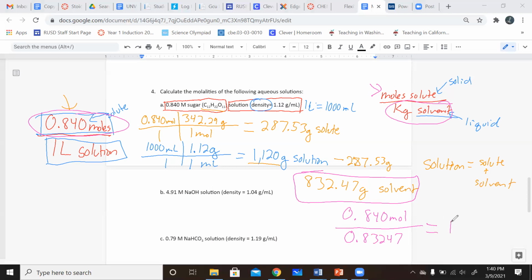That is going to be 1.01 molal. Okay, again, that's a lot, but I'm going to do another one so that you can get the idea.